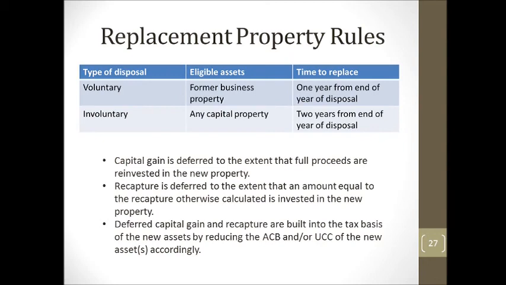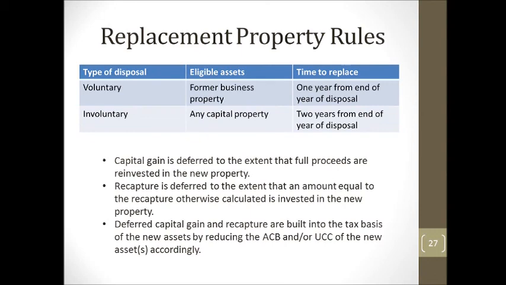If the disposition of such property is unavoidable, for example, in the situation of a fire or flood, these income inclusions could create financial hardship to the taxpayer. Therefore, these replacement property rules were implemented to give taxpayers in these situations some relief.